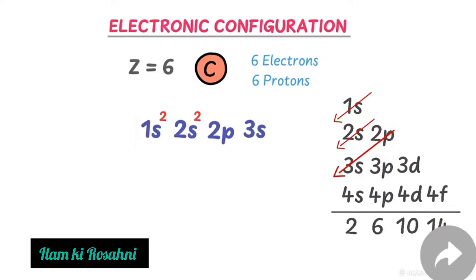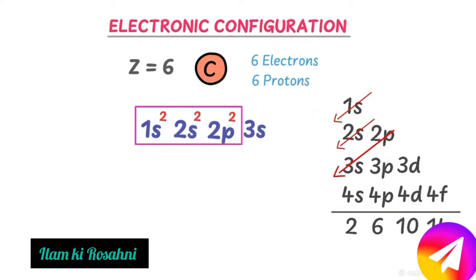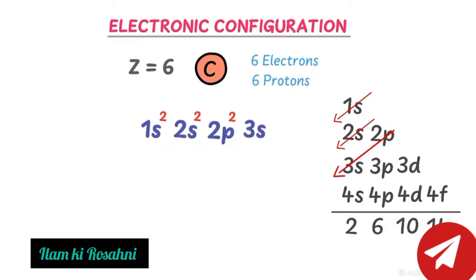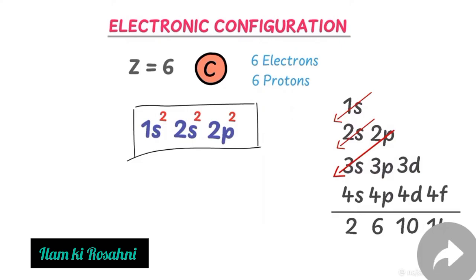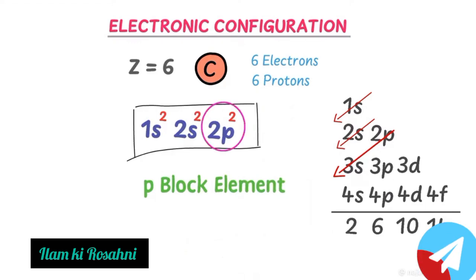So we therefore write only 2 electrons in P subshell. 2 plus 2 plus 2 is equal to 6. We do not need this 3s subshell, so I erase it. This is the electronic configuration of carbon atom. Carbon atom is also known as a p block element because its valence electrons lie in the p subshell.